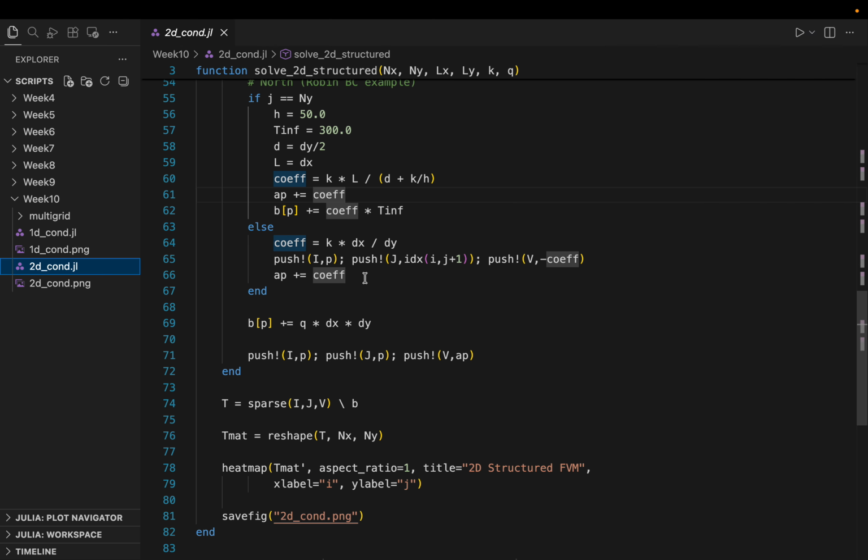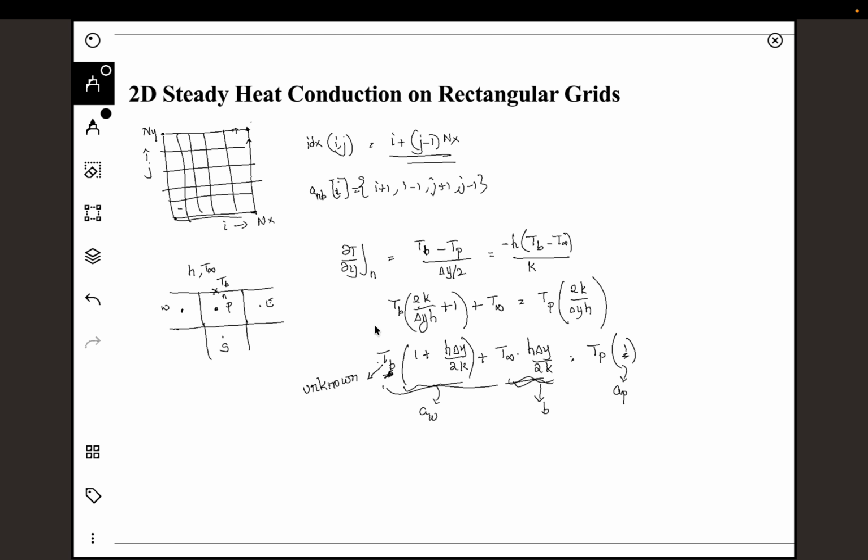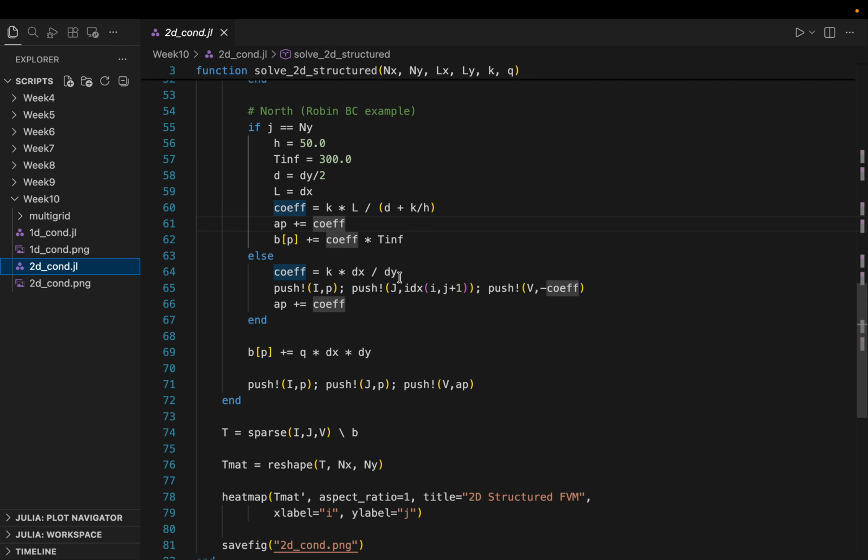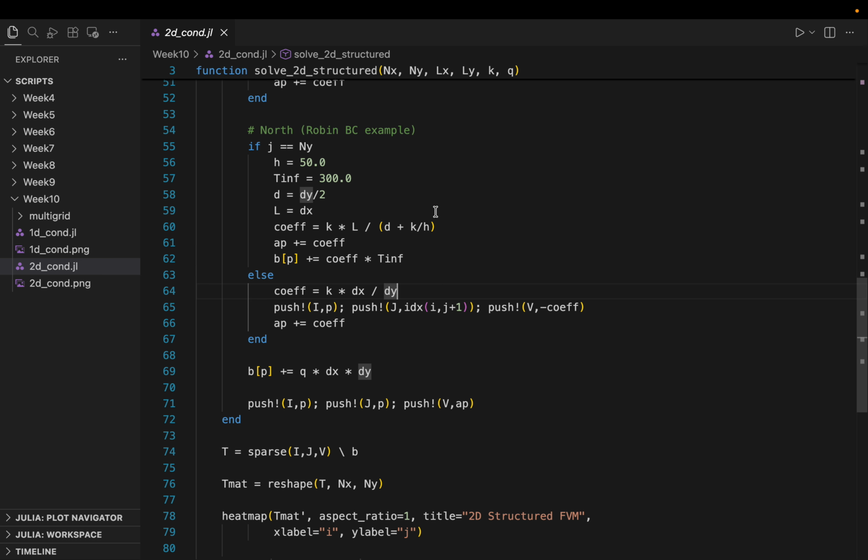So the coefficient is calculated here. I rearranged it a little bit here. I have taken the coefficient as K times delta X by delta Y, so the one that will be left here is known. So this is K times L by D plus K by h, where D is basically this delta Y by 2 that I was referring to.